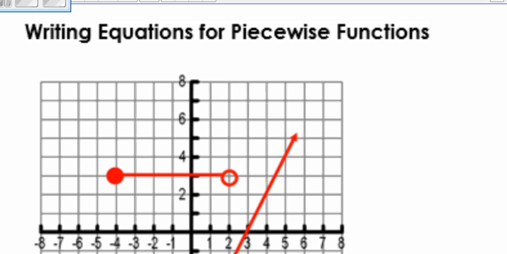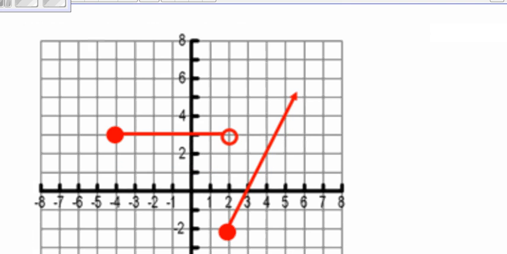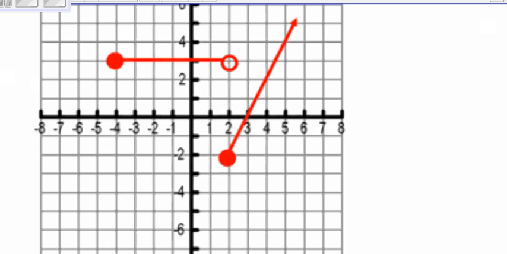Now we're going to talk about writing a piecewise function. So if we look at the graph here, we have to write an equation based off the graph. I always start with my intervals. So the first one I'm seeing is from -4 to 2. So I'm going to have x in the middle, and then I'm going to know that it is greater than or equal to -4.